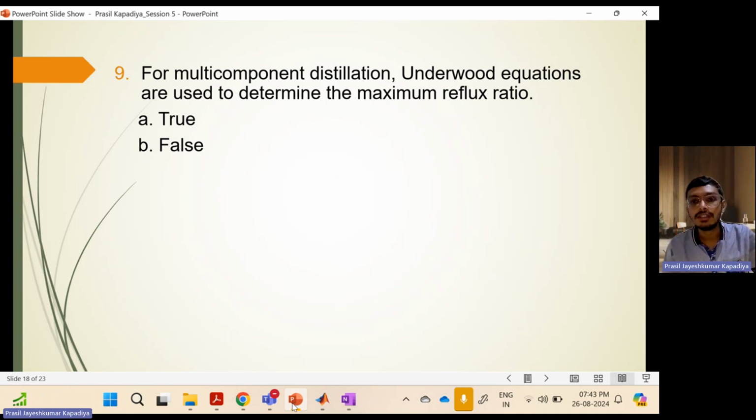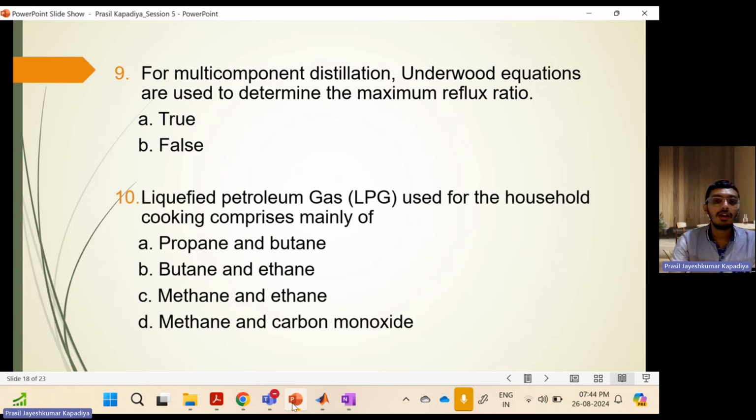U is the Underwood equation for minimum reflux ratio, and G is Gilliland equation, that is number of feed tray location. Okay, so the correct answer is minimum reflux ratio. So this statement is not correct. So it is false.